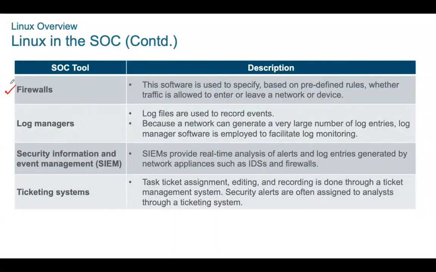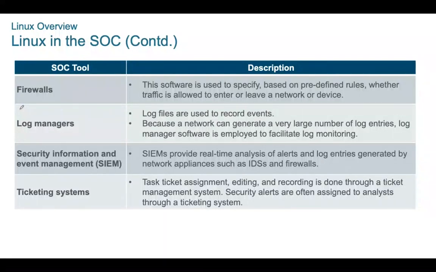Another important part for your network security analyst is firewalls, so let us understand firewalls. Some firewalls are also available on the Security Onion operating system. What is the basic importance of a firewall? Firewalls are the most important part of your network.